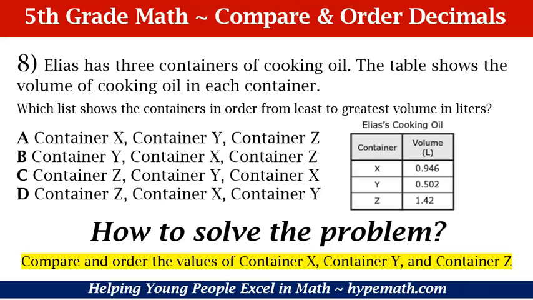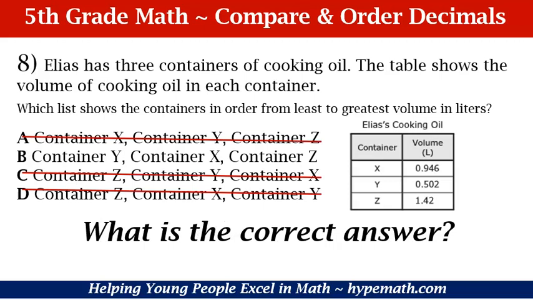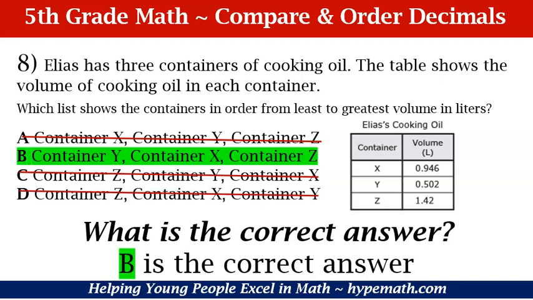I believe that I can cross out A because it starts with container X. I can cross out C because it starts with container Z. And I can cross out D because it starts with container Z. And just like that, we have the correct answer, because we can cross out all of the wrong answer choices, right? So our correct answer is B.